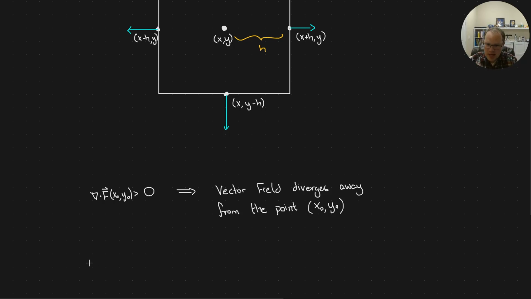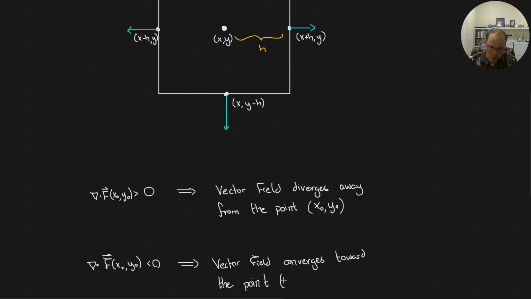Flow is away. If the divergence is negative, then it's not diverging, it's converging. The vector field converges toward the point on net. Doesn't mean nothing is flowing away from the point, but it means there's more flowing towards the point than flowing away from the point.